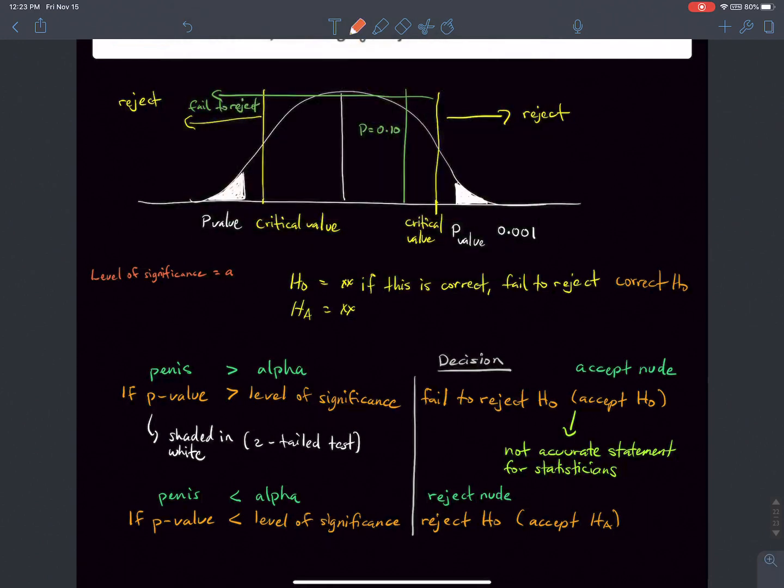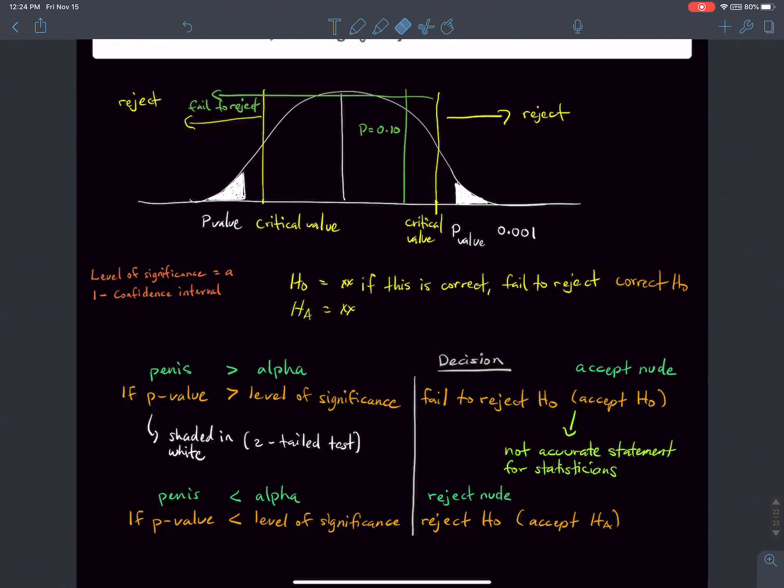The level of significance is 1 minus the confidence interval. In statistics, they will say, I am 95% confident that blah blah blah is this and that. That 95% confidence interval, let's say you'll have 95% confidence interval.